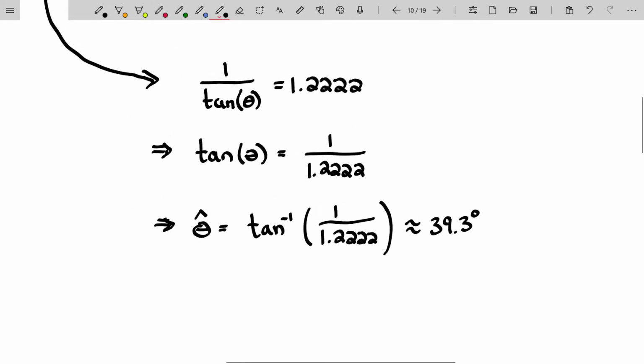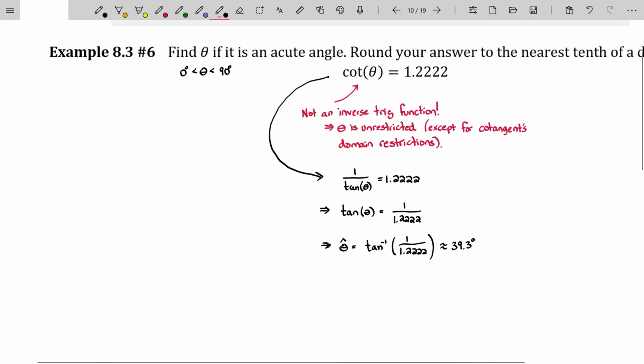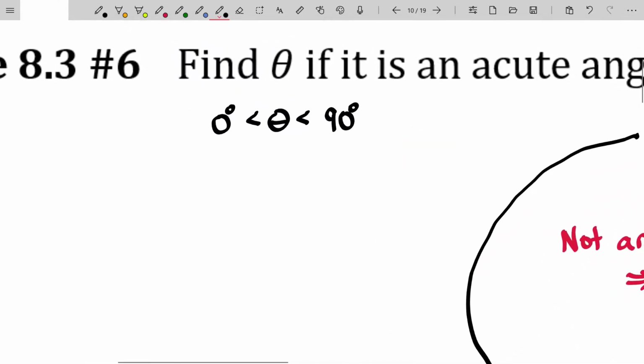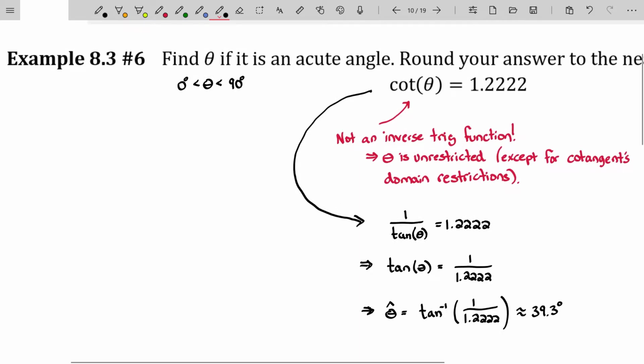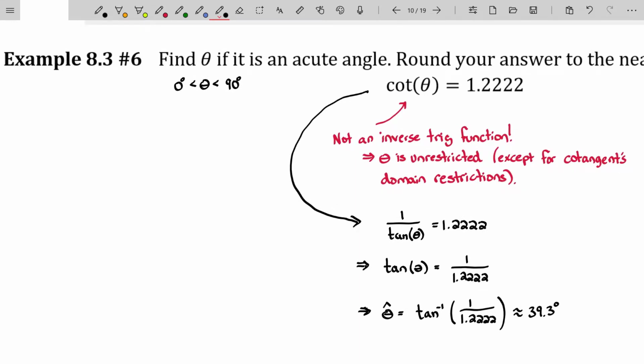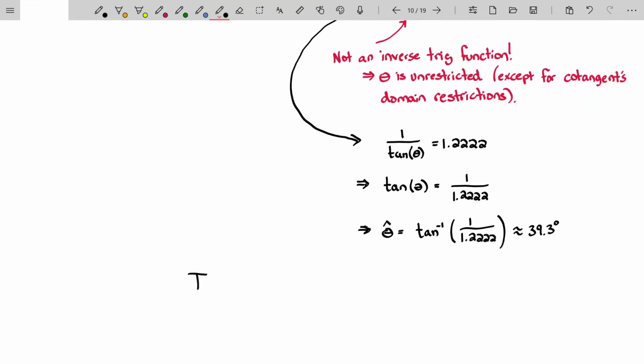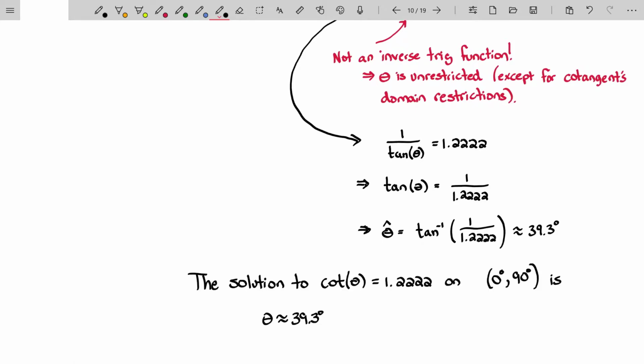Now remember, that's our reference angle, but because we're being asked for an angle between 0 and 90 degrees, the reference angle is going to be the actual angle. So I'll go ahead and write that in here. The solution to cotangent of theta equal to 1.2222 on the interval 0 to 90 degrees is roughly equal to 39.3 degrees.